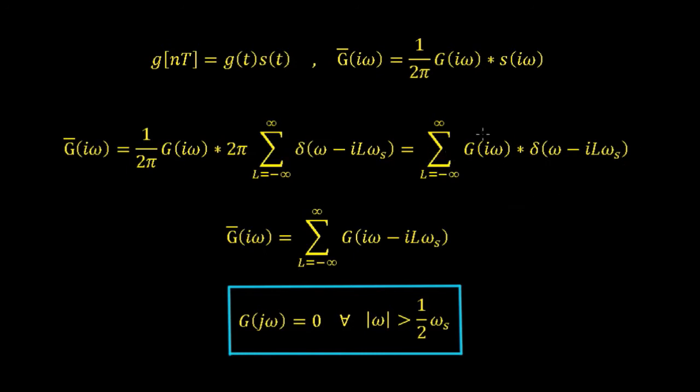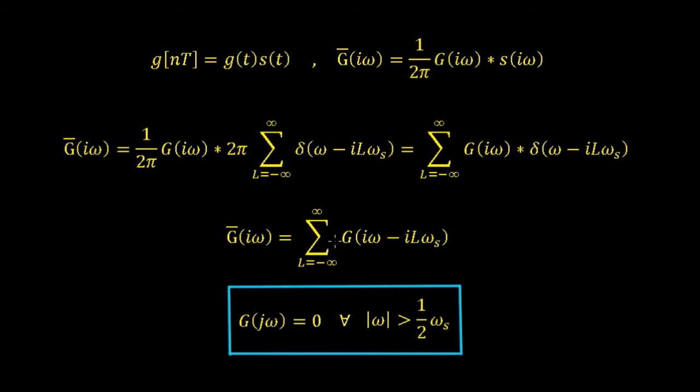Now whenever we convolve a function with a delayed impulse, as we mentioned, it's the same as taking the function and shifting it, centering it on that delayed impulse. So this whole thing here is just the same as saying g of i omega minus L omega s.